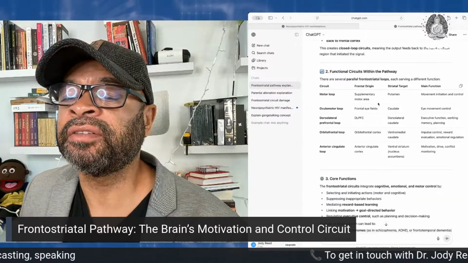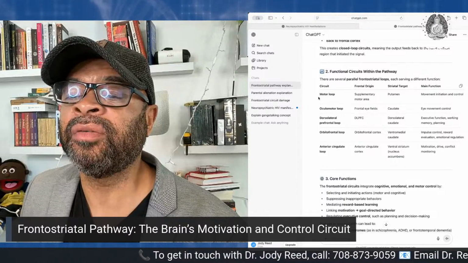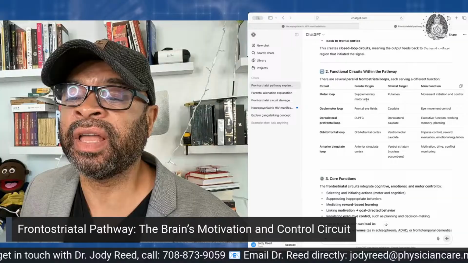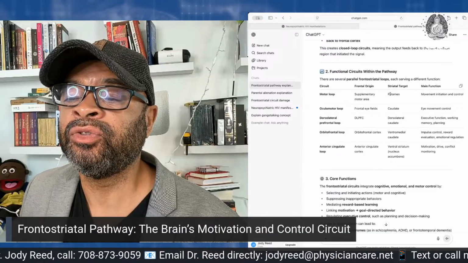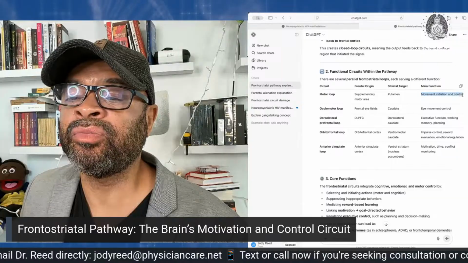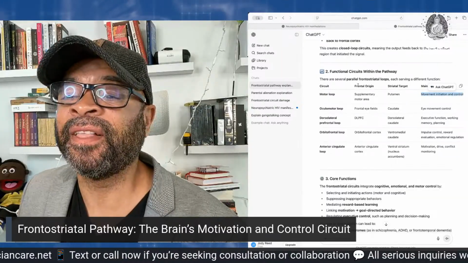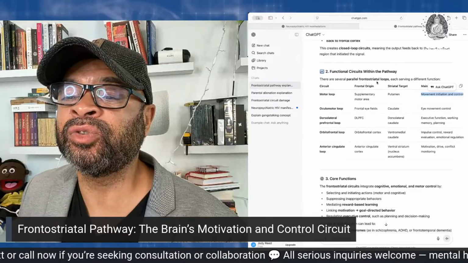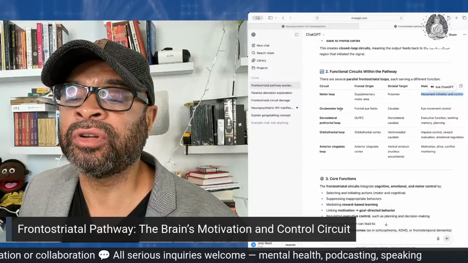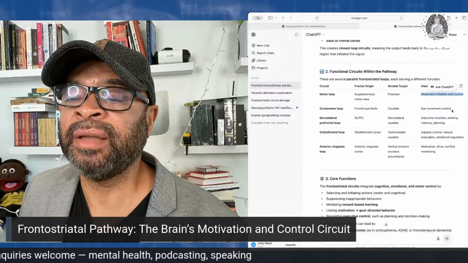There are several parallel frontostriatal loops, each serving a different function. For example, the motor loop, the oculomotor loop, the dorsolateral prefrontal loop, the orbitofrontal loop, and the anterior cingulate loop. Let me try to organize this. The motor loop originates in the motor area and goes through the putamen; it initiates and controls motor movement. That's the motor loop. The oculomotor loop goes from the frontal eye fields to the caudate, and this is for eye movement.